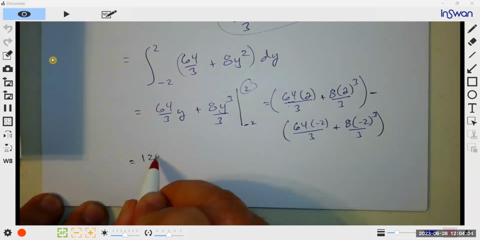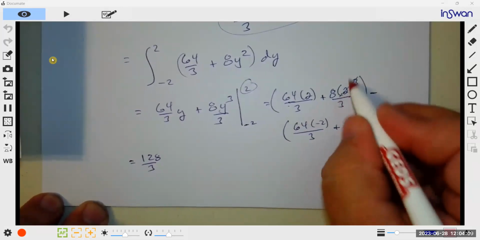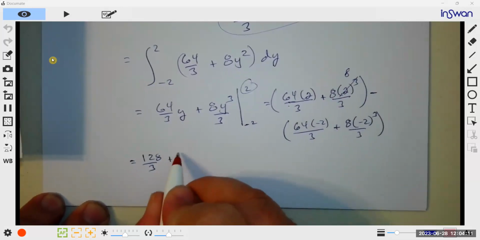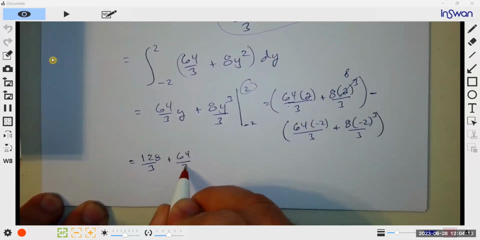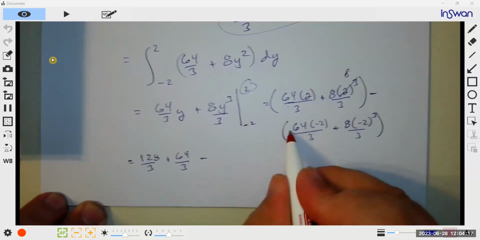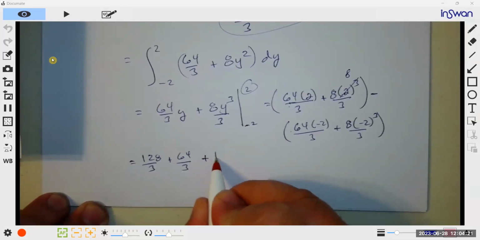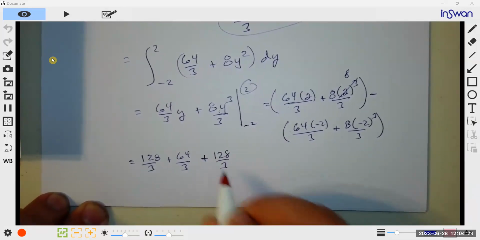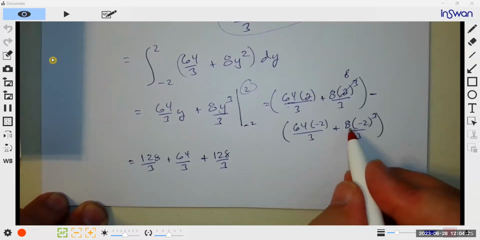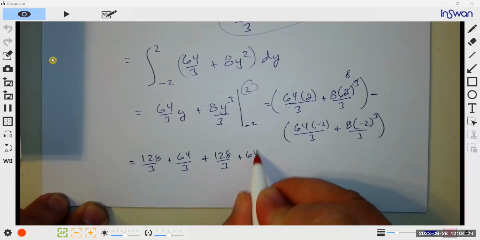It's 128 over 3, and 2 cubed is 8, so that's plus 64 over 3. Minus a negative makes it positive 128 over 3, and -8 makes it -64, minus makes it positive 64.